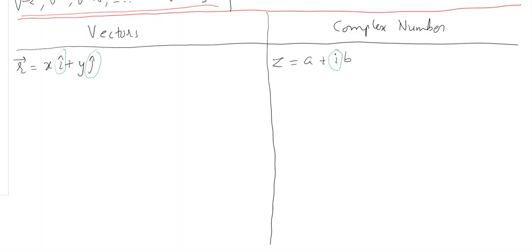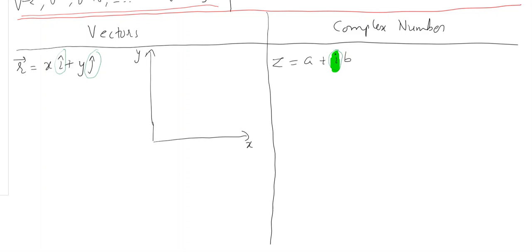So wherever you have i, you should keep in mind that you are talking about the square root of minus 1. Now, vector r can be represented on the Cartesian plane. What is the Cartesian plane? Where you have x and y axes.